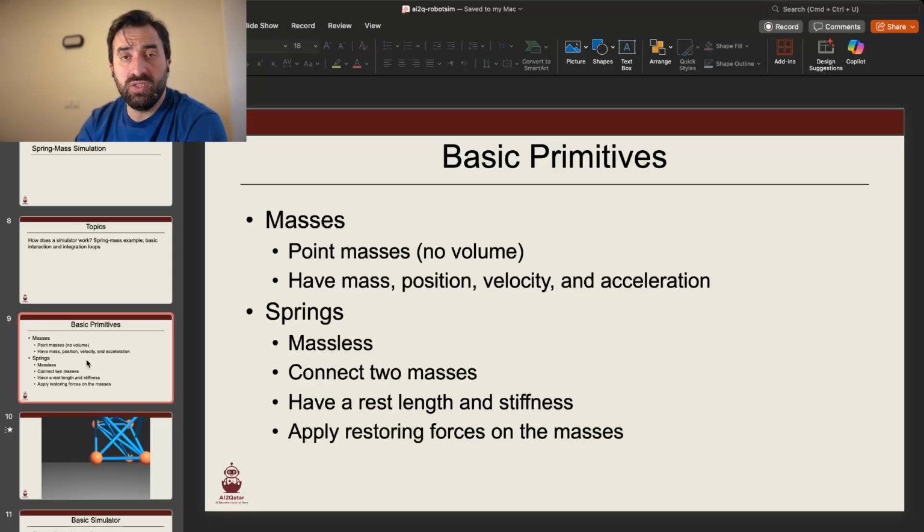The only thing they don't have is volume. On the other hand, you have springs that connect these point masses. These springs are also massless. They do have volume, but they don't have mass. They connect two masses and have a rest length and stiffness that determines how easily they open and close.